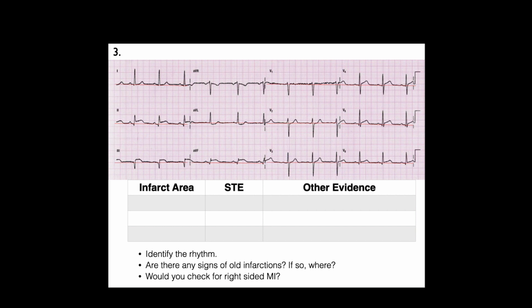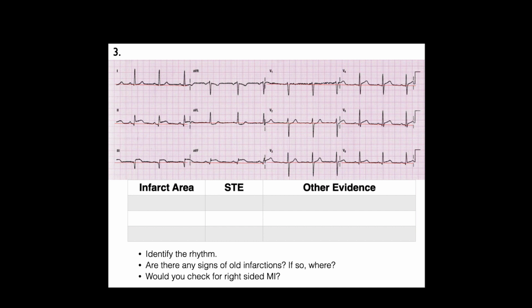Good. Anything else anybody wants to add for additional evidence? Does V4 have some elevation too? That's one of those things that's sort of okay if you put it, okay if you don't. So you could add anterior for that.